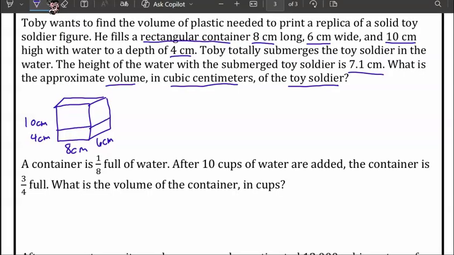Let's find the volume when we use a height of 4 centimeters. The volume of the water would be 4 times 8 times 6. That's 192 cubic centimeters.